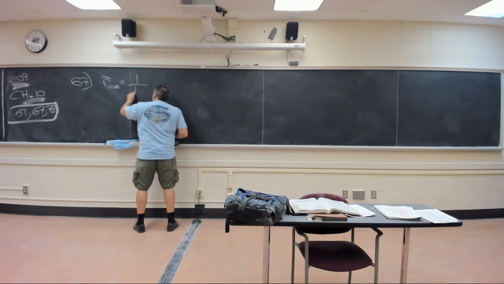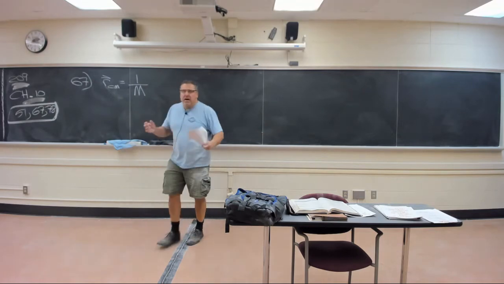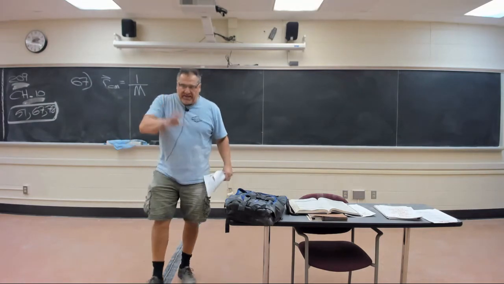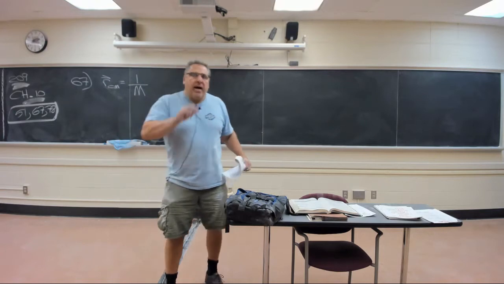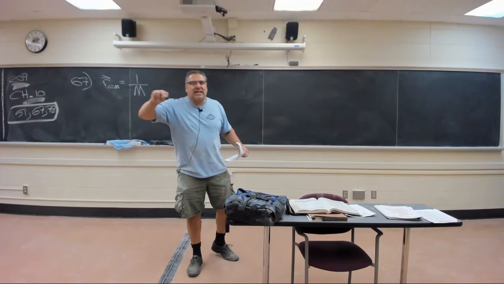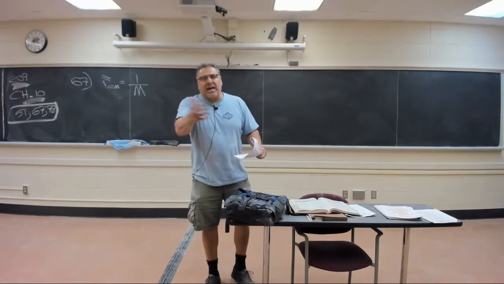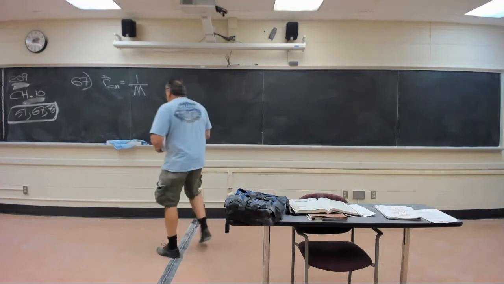It's 1 over capital M, which is the sum of all the masses considered. There may be n masses: M sub 1, M sub 2, M sub 3, M sub 4, M sub 5, plus ... plus M sub n. N masses, I add them together, I get capital M. That's what they mean by that.